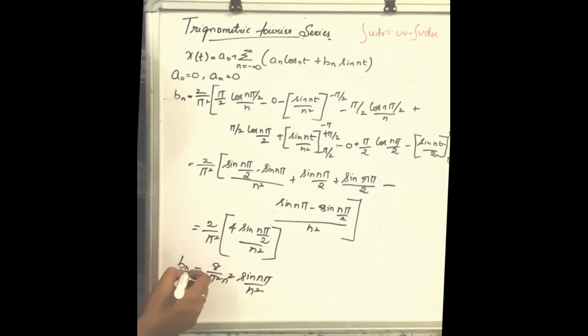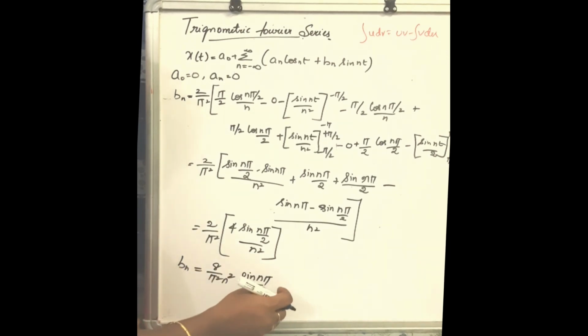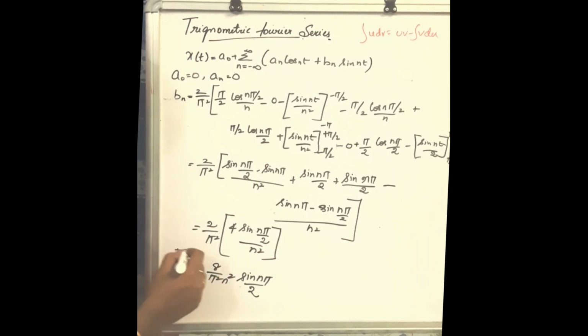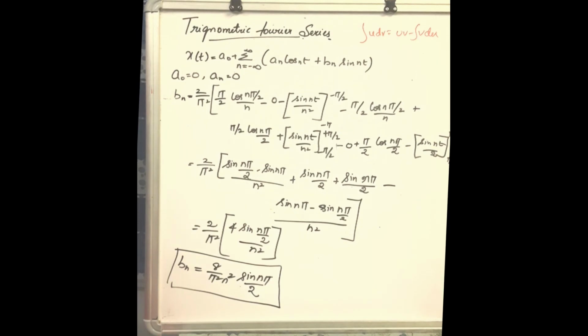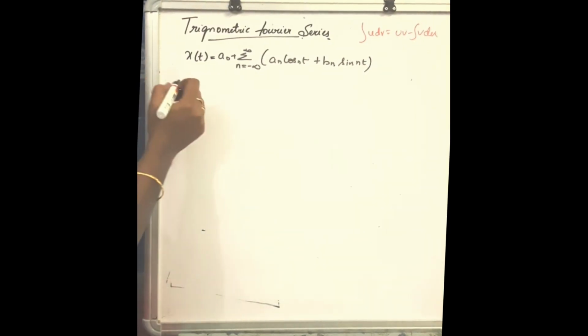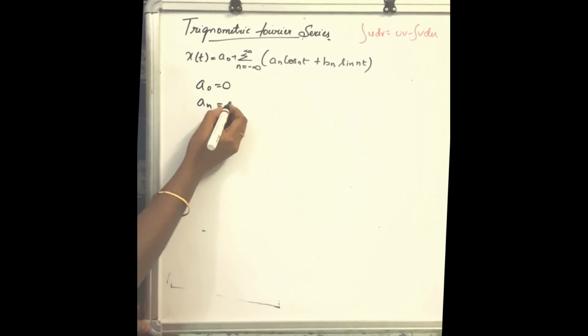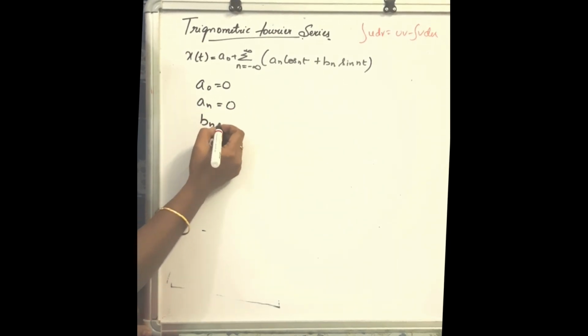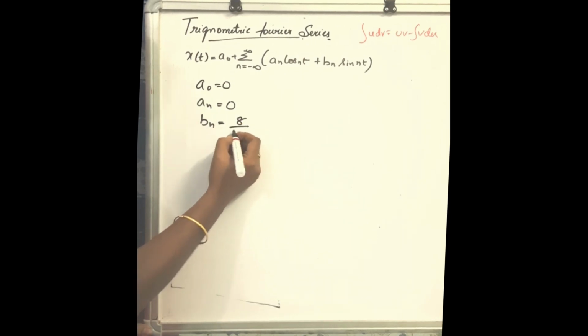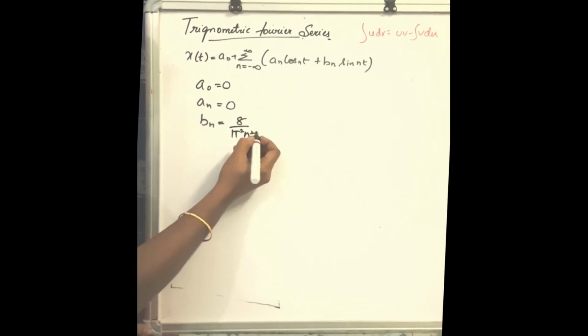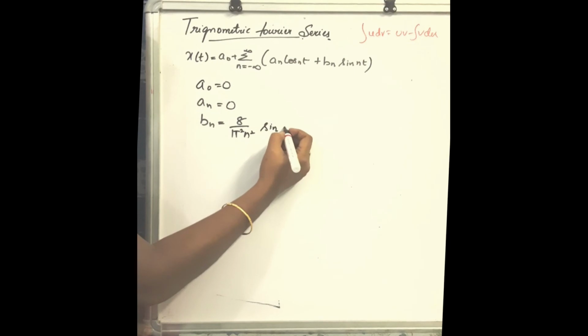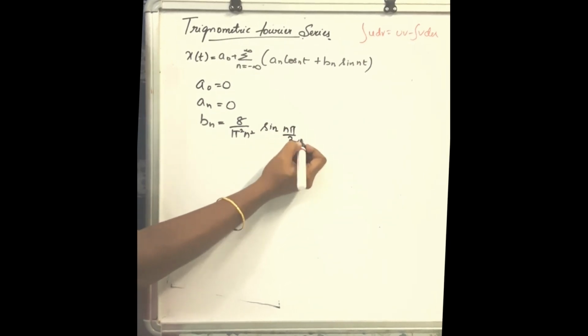So we have got a value for bn. It is 8 by pi square n square sin n pi by 2. Rewriting the values: a0 is 0, an is 0, bn is 8 by pi square n square sin n pi by 2.